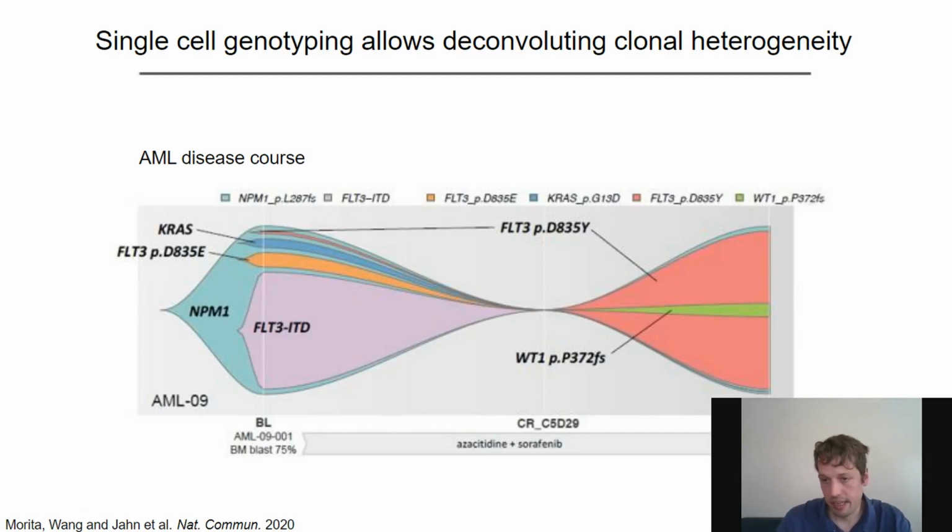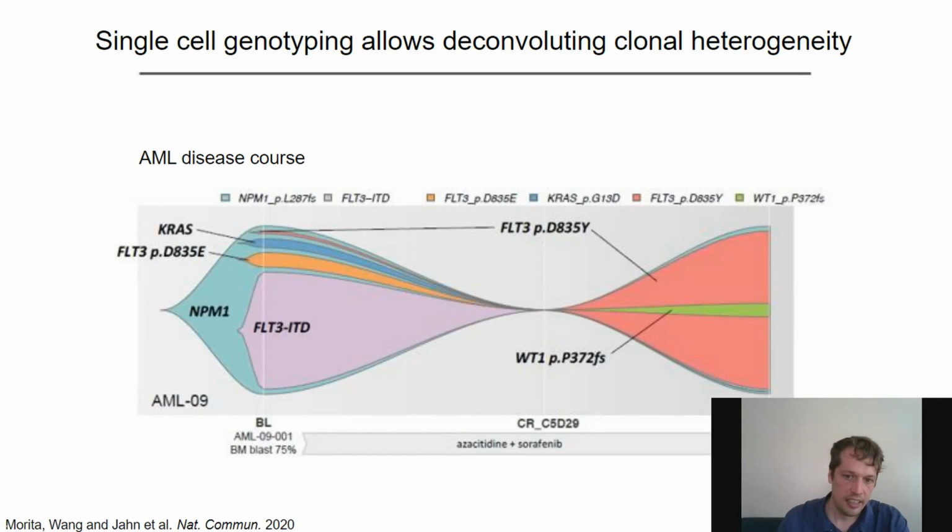Now, this I find very interesting, but what I really would like to know is, why do these clones await treatment? What makes them special, really, to succeed at seeding this relapse later on?